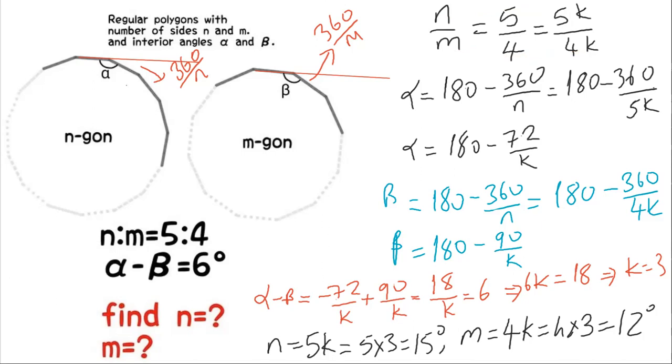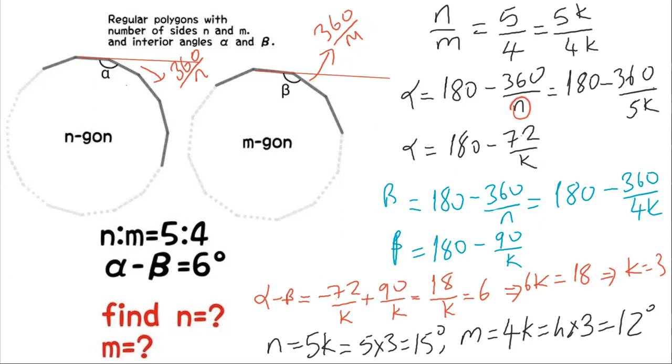Now we write the second equation by substituting these values. Remember, these two together make 180. So alpha is 180 minus this. So 180 minus 360 divided by n, and beta is 180 minus this, which is 360 over m.